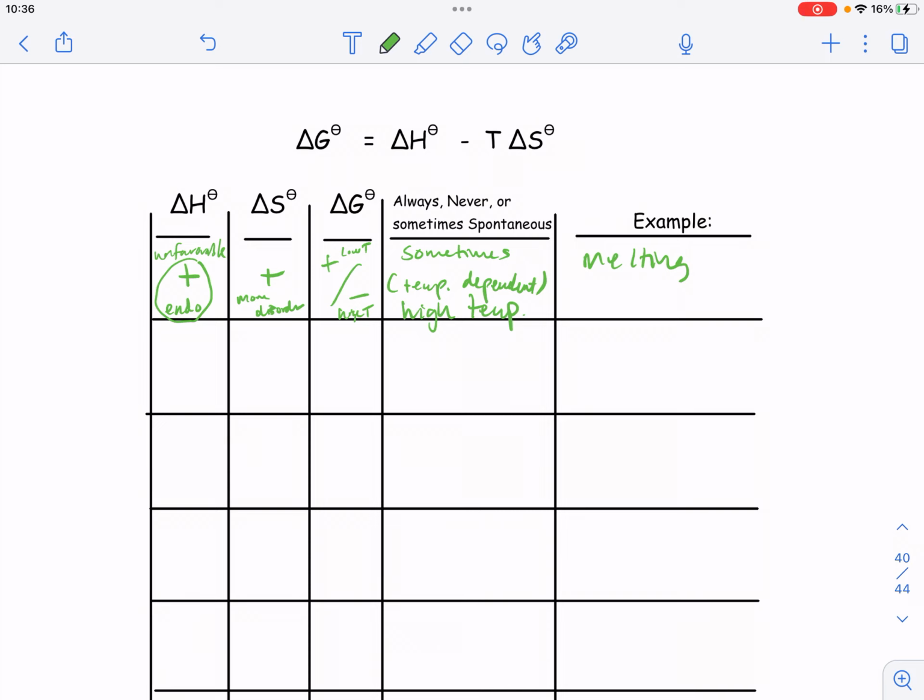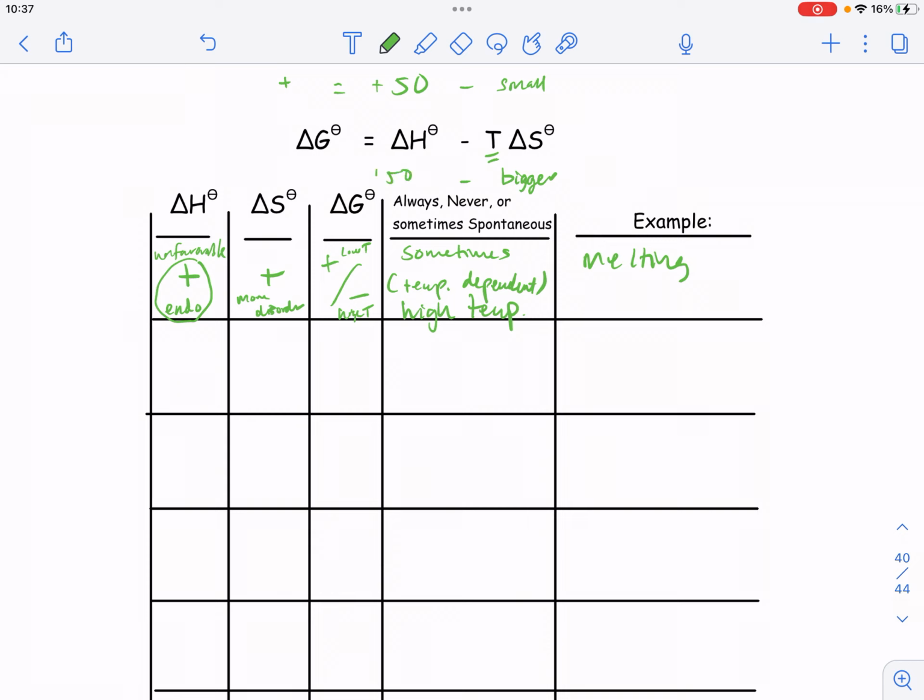Okay, so for example, if this one is 50, just to make up a number, so this was positive 50 kilojoules per mole. At low temperatures, when T is small, then I'll be subtracting out a small number. And so overall, delta G will end up being positive. When T gets large, when it gets very warm, then the term on the right will become bigger.